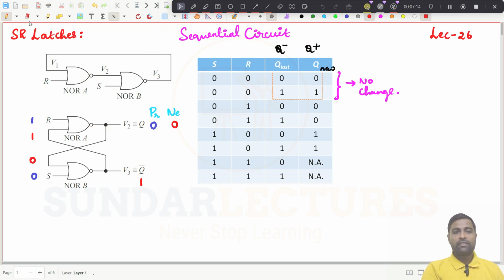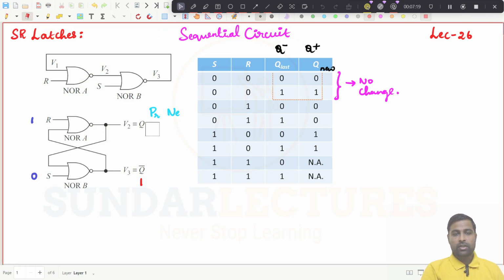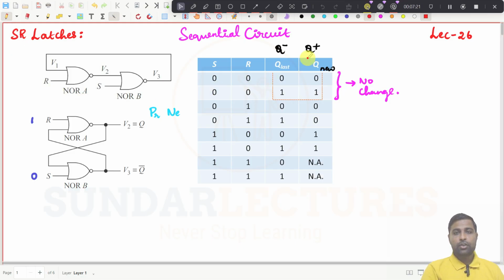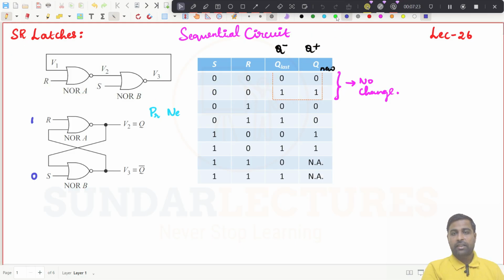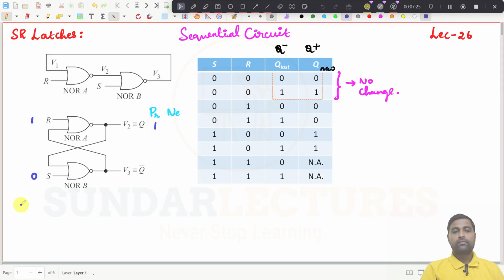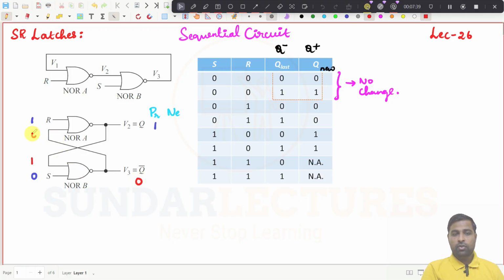Now what I will do, I will change this one now, right? Change this one to, I am taking this to be 1. Present state is 1. Same, S is equal to 0, R is equal to 1 now. So what happens now? This 1 will come here, and if it is 1 0, what will be the output of this NOR gate? It becomes 0. So this 0 will go here.